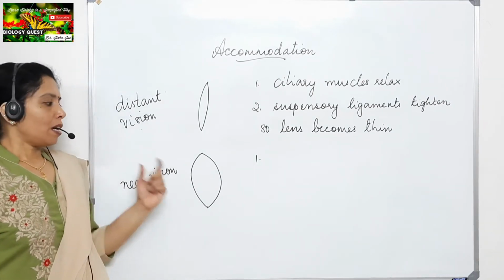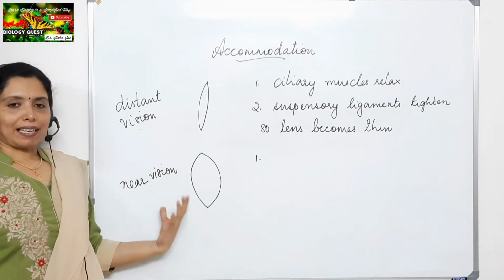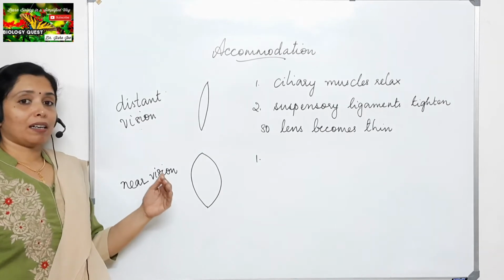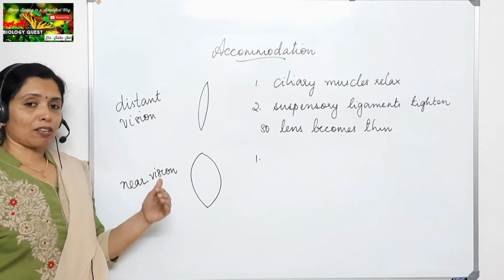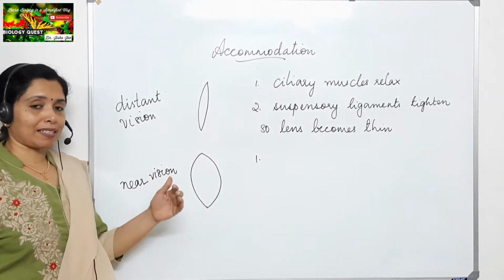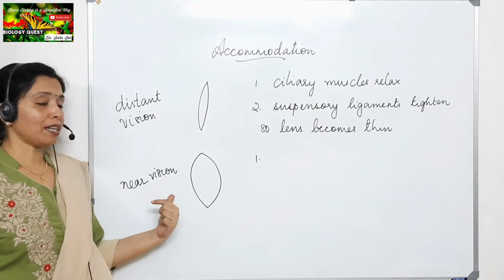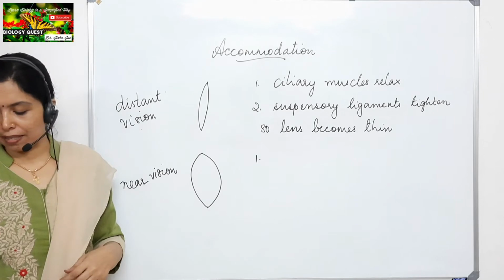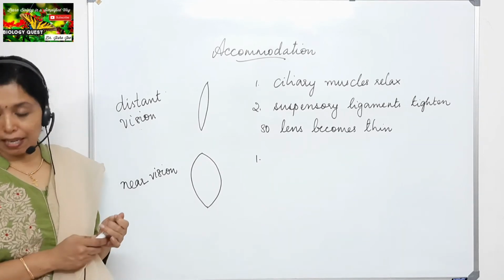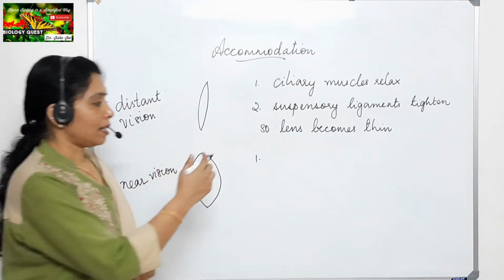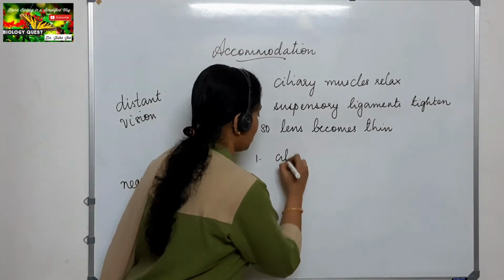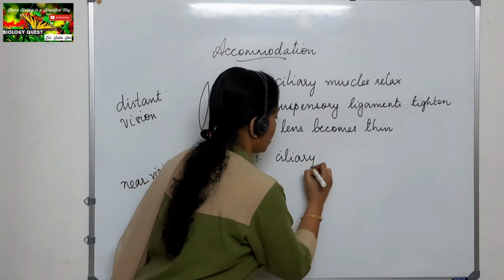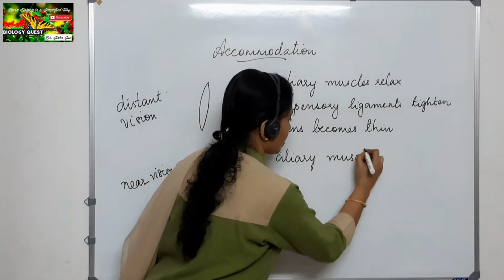Okay. Now moving on to the second type where we are seeing an object that is close to us, that is near to our eye, that is for near vision. What are the changes that are taking place in the ciliary muscles and the suspensory ligaments? So here in the second case, the ciliary muscles contract.